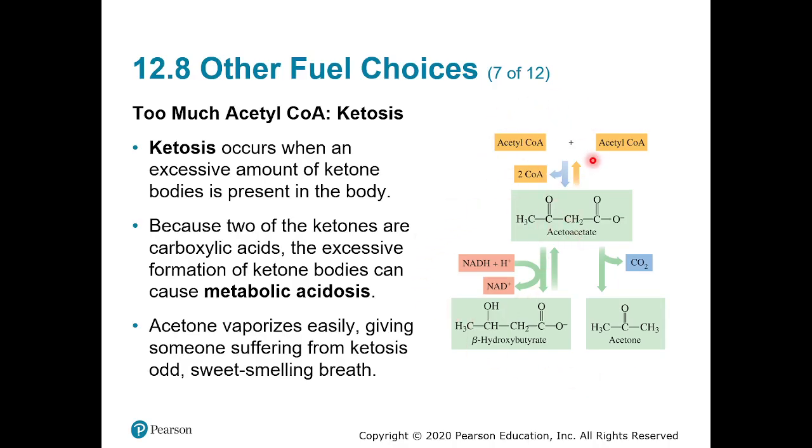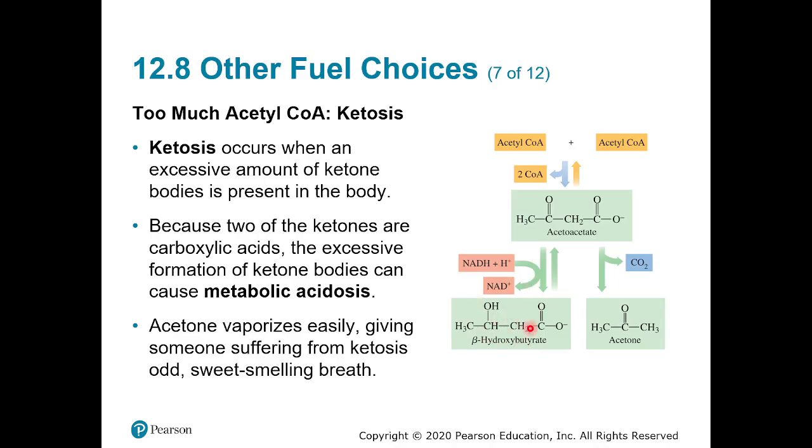We have acetyl-CoA. They're going to bond together, release 2 coenzyme A's, and that's going to give you acetoacetate. We can then process this to beta-hydroxybutyrate, and that's going to give you an NADH going to NAD+, so we'll free up an NAD+ for you to use in other pathways, though it does mean you lose some energy doing that.